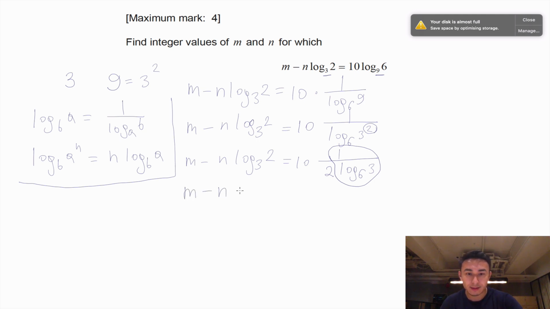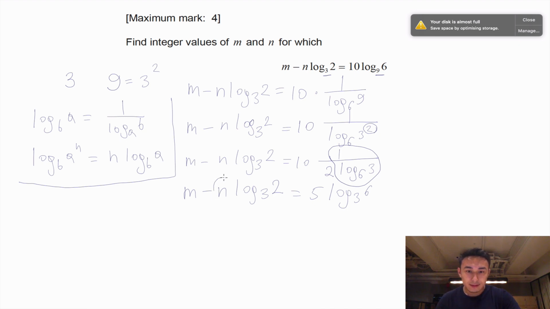It will be m minus n log base 3 of 3... to the base of 3 is equal to, now 10 divided by 2 is 5, so it will be 5 log of 6 and the base is 3.